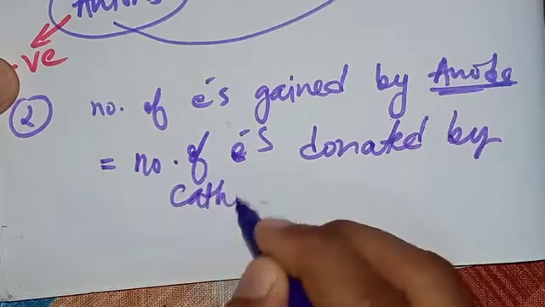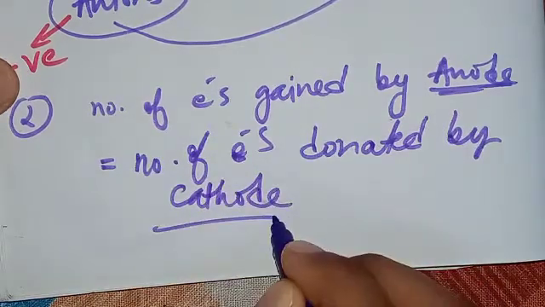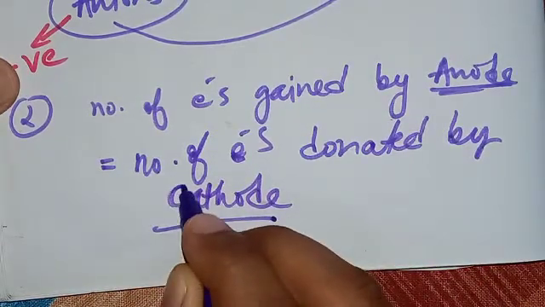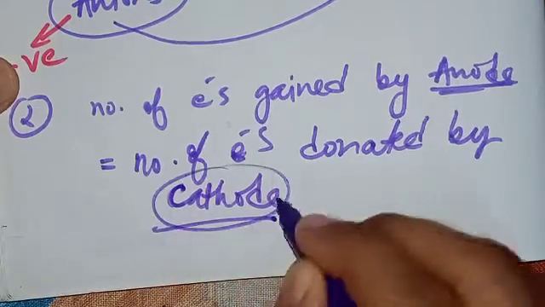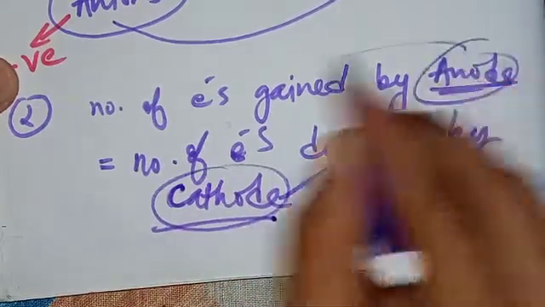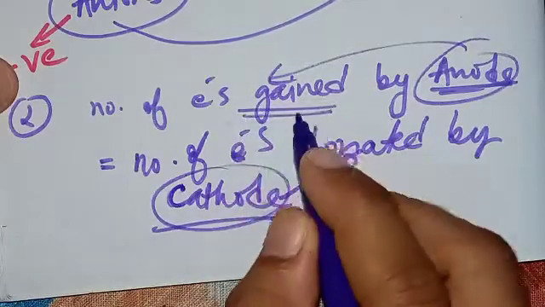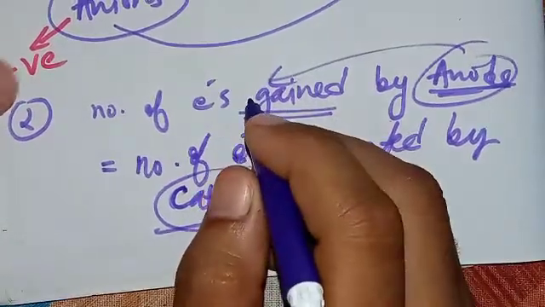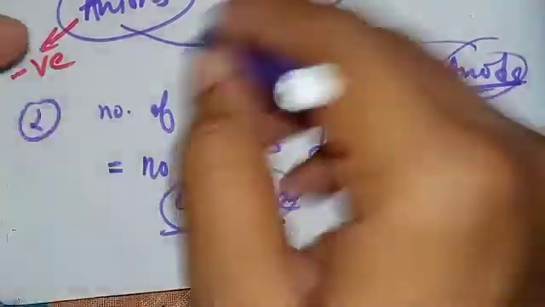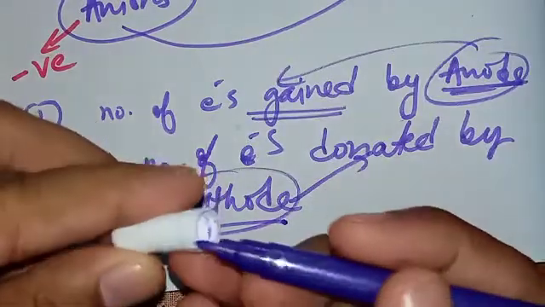So the cathode is a generous guy. It donates. And the anode is an acquisitive guy. It gains. It takes the electrons, and the cathode donates the electrons.